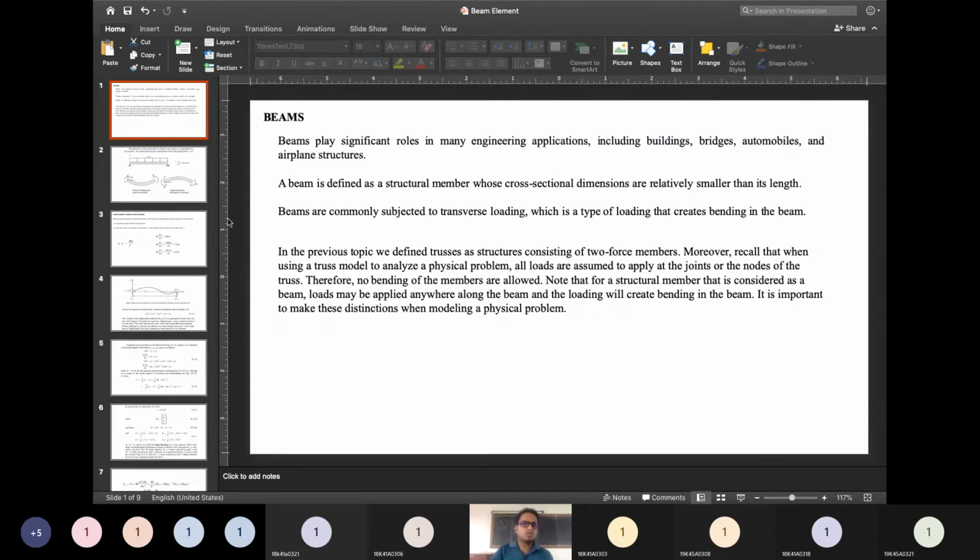So most common question that is normally asked in the examination is derive the stiffness matrix or transformation matrix for truss element, or in the examination the question can also be like derive the shape function, derive the stiffness matrix for beam element.